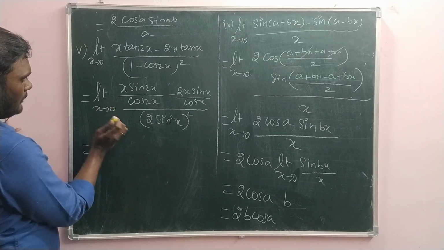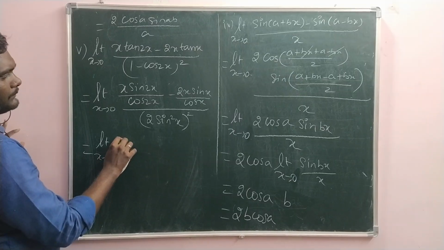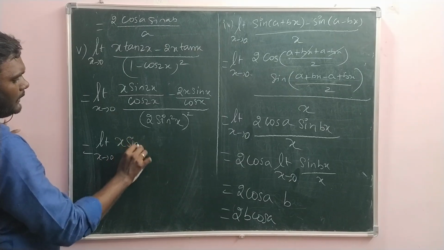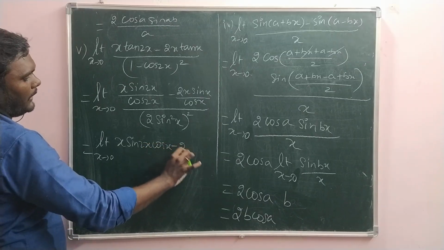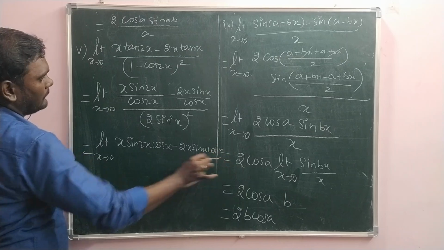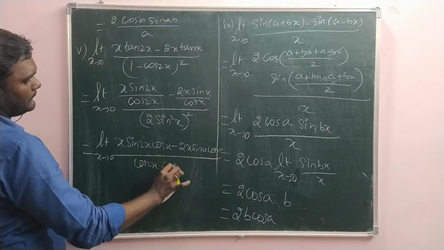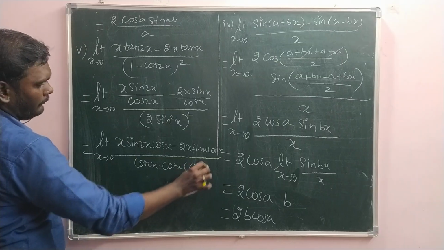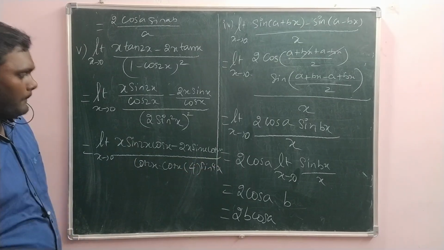Then we will get, limit x tends to 0, x sin 2x cos x minus 2x sin x cos 2x by cos 2x cos x into 4 sin power 4 x. What, this much is coming?